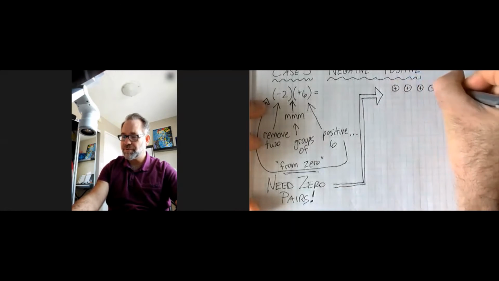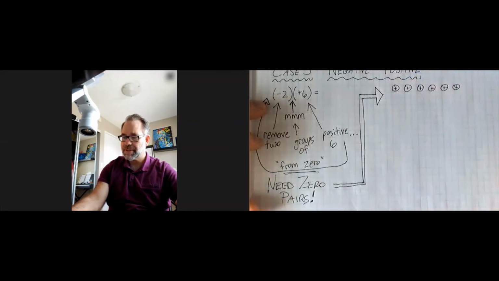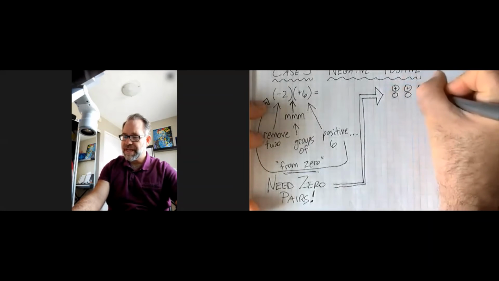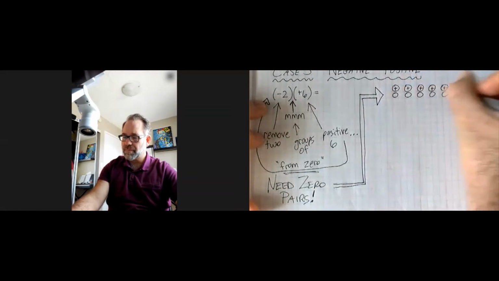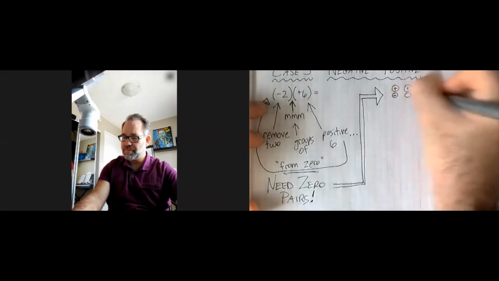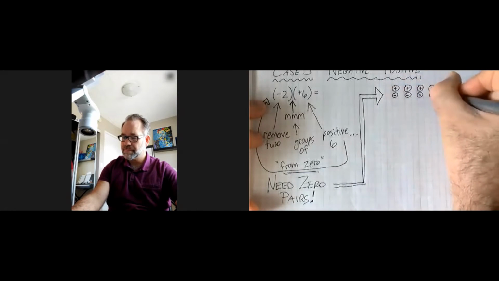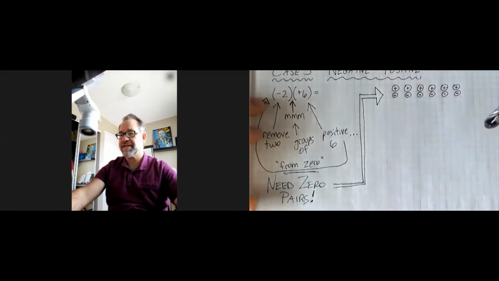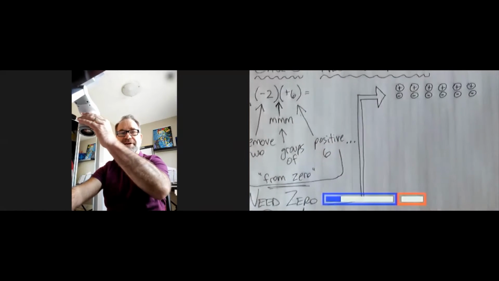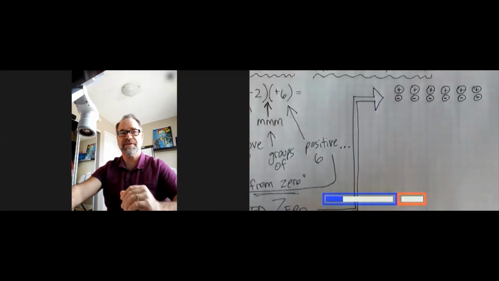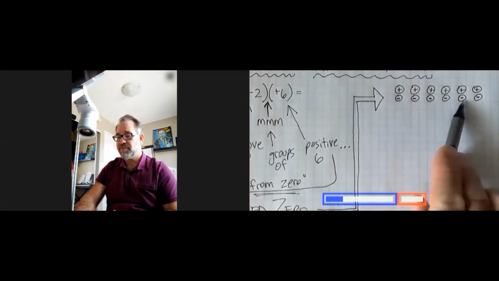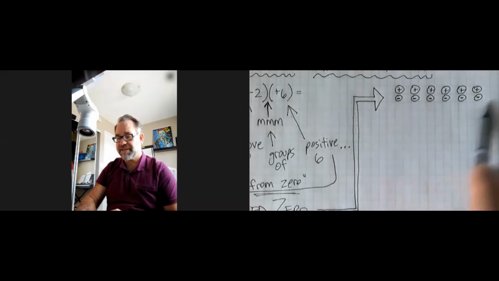So that's one group of positive 6. But I want to use that group to start off with 0. So if you can't see, these are positives, these are negatives. I'm going to zoom in just a tad here, make that a little bit more visible. Okay, good. So right now I've got 1, 2, 3, 4, 5, 6 0 pairs, and this entire number is 0.